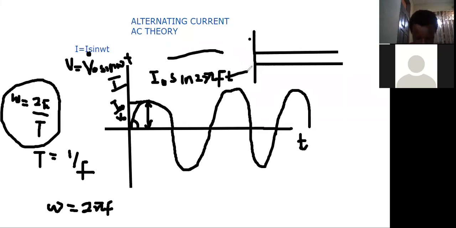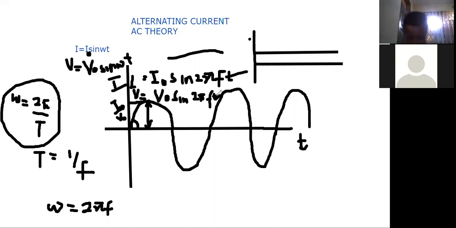We can also get it in that way; this is I, the current. And we can also get the voltage, or the potential difference, in terms of the peak voltage: V equals V naught sine 2 pi f t. So we can relate it in terms of this too.